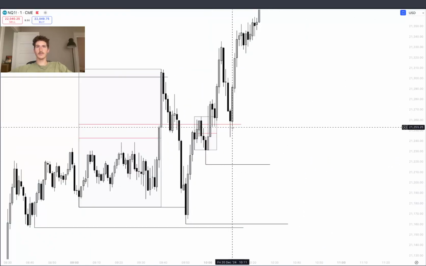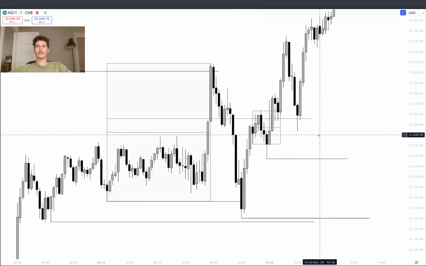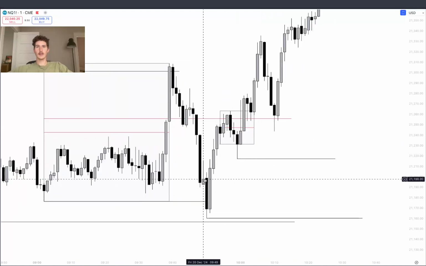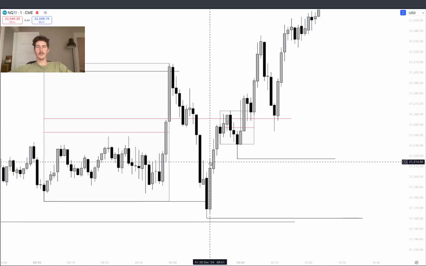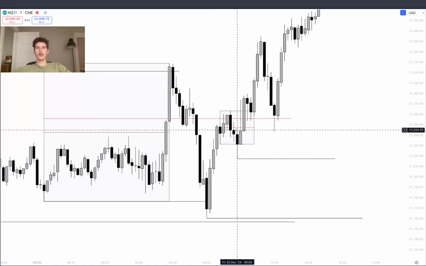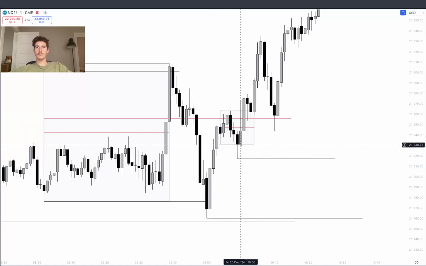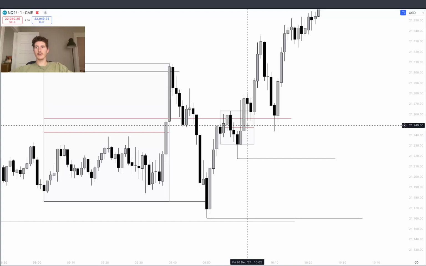It looks like my entry was 250 on average. Like I said, I got a little size down here after the flip up, and then I added on more once we did this confirmation, so that put my average at 250.